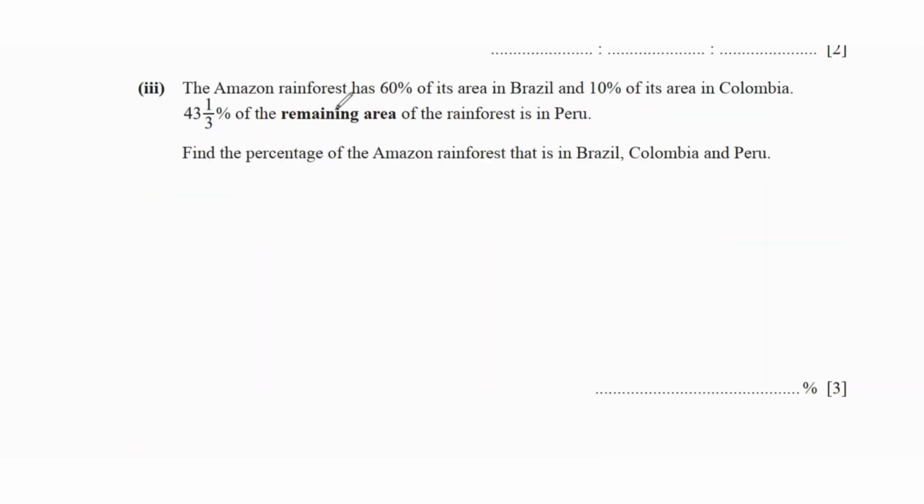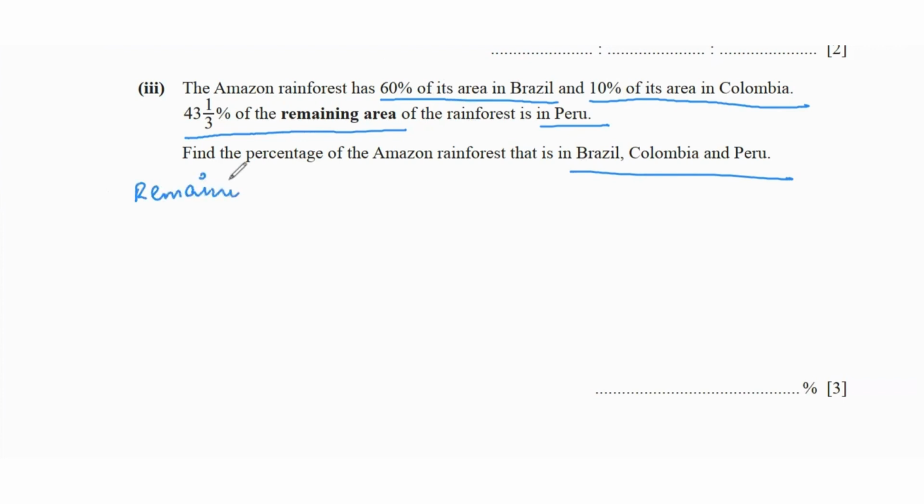The question says the Amazon forest has 60% of its area in Brazil, 10% in Colombia, and 43.3% of the remaining area in Peru. So you have to find the percentage of the Amazon rainforest that is in Brazil, Colombia, and Peru. So remaining after you've taken out 60% of Brazil and 10% of Colombia is 30%.